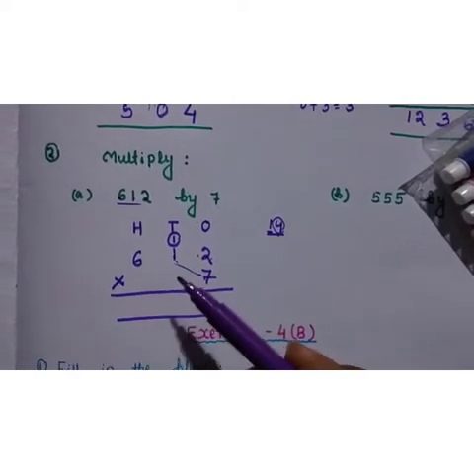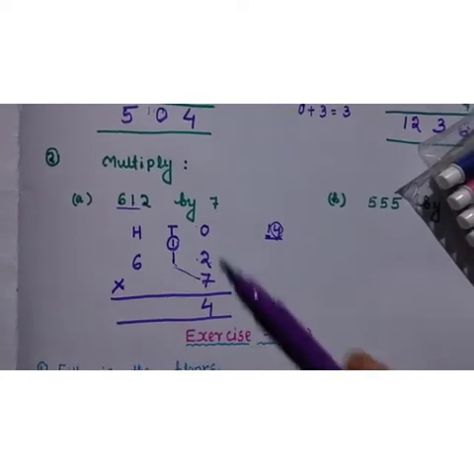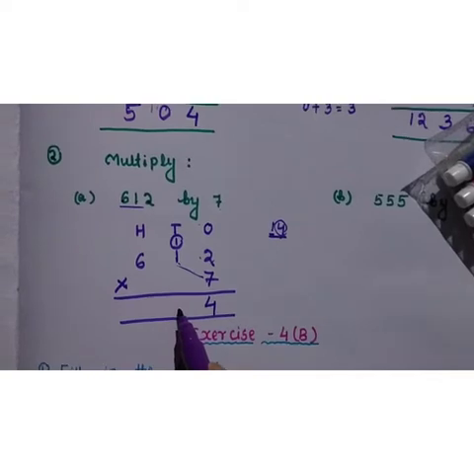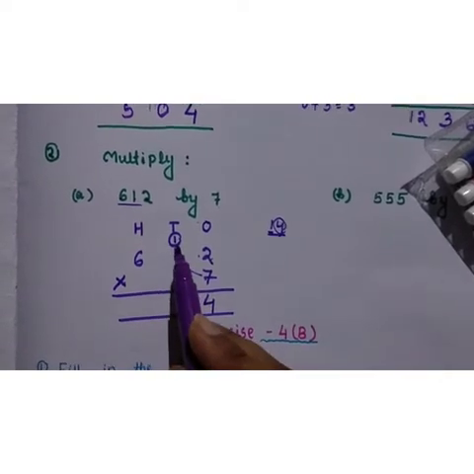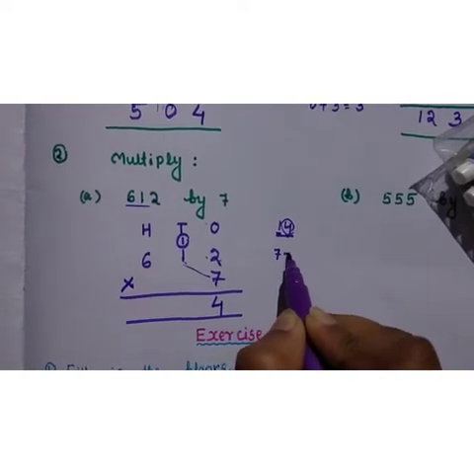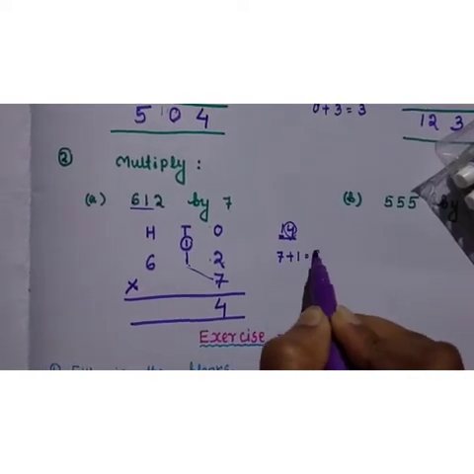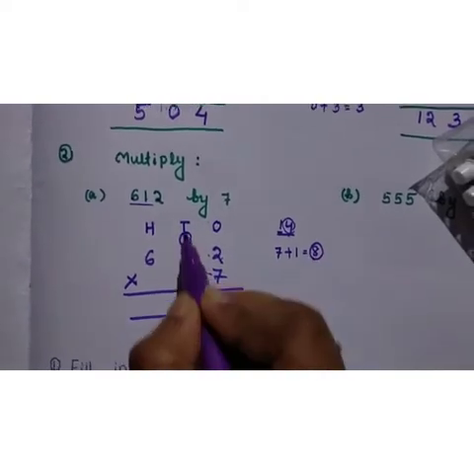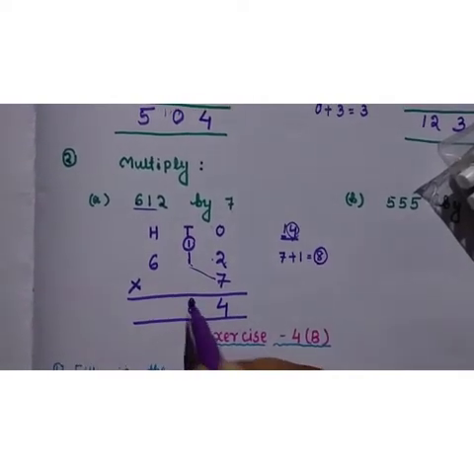Otherwise you can know from the table of 7. Can you write here 7, students? No, don't forget the carry 1 is here. So we add 7 plus 1 equals how much? 8. That's why we write 8 under the tens column.